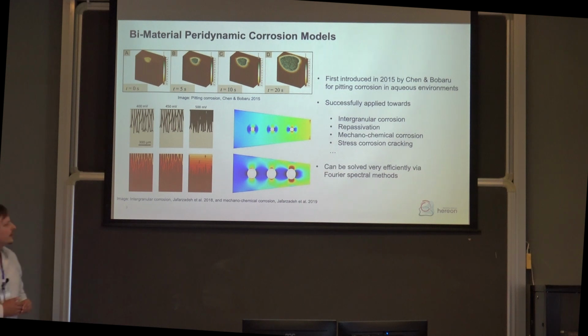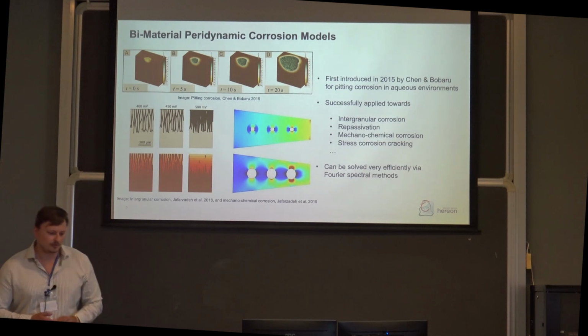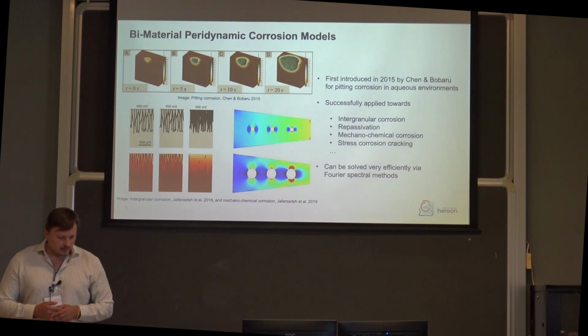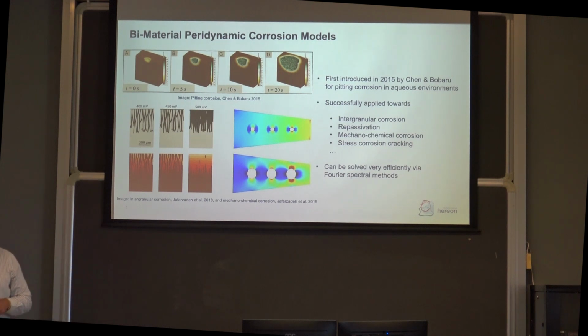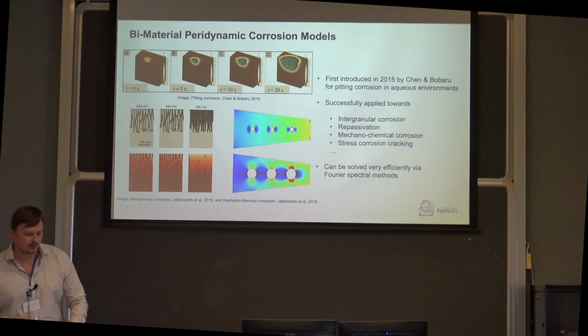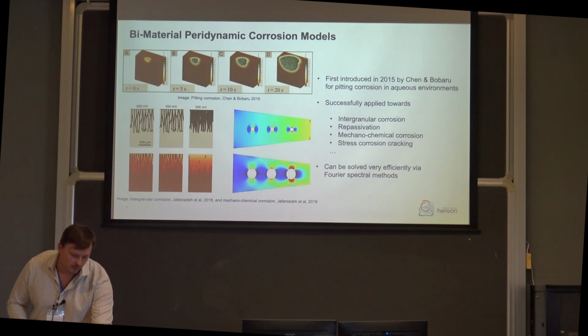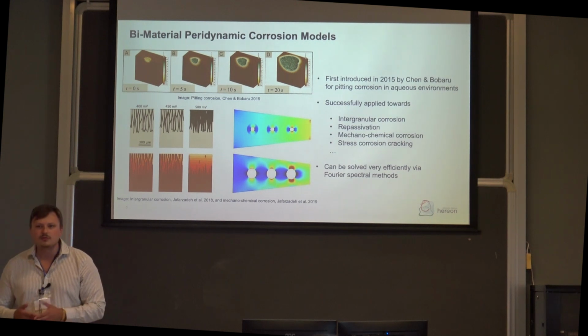Here you see mechanochemical corrosion as well, or mechanically assisted corrosion, and the research continues. Since the equations are diffusion-driven and non-local and also linear in the kernel, they can be solved very efficiently via Fourier spectral methods, and this is a current research grant that Professor Bobaru is actively promoting nowadays.